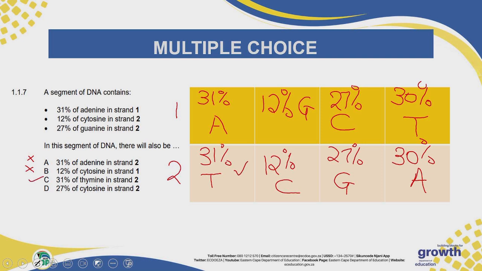And then 27% of cytosine in strand 2. We don't have 27% of cytosine, we have 27% of guanine. Therefore, our answer there would be C. So that is how you are supposed to work out that answer.